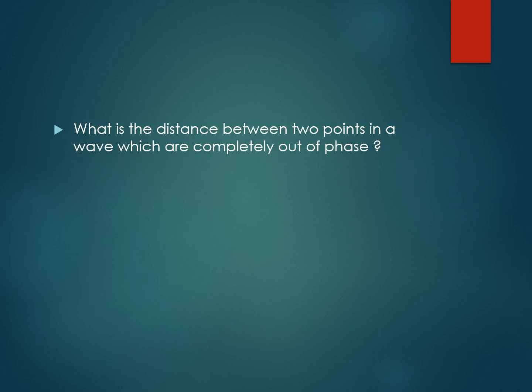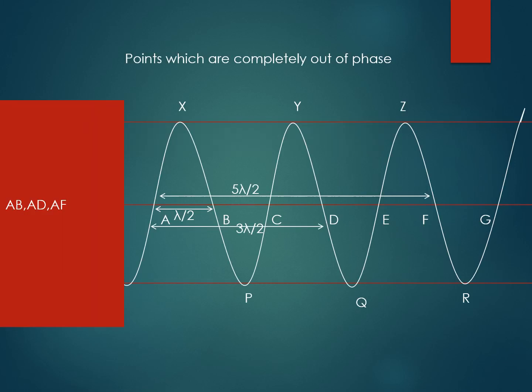Now, what is the distance between two points in a wave which are completely out of phase? It is evident from the figure that lambda by 2 is the distance between two consecutive points in a wave which are completely out of phase. But they have asked the distance between any two points which are completely out of phase.